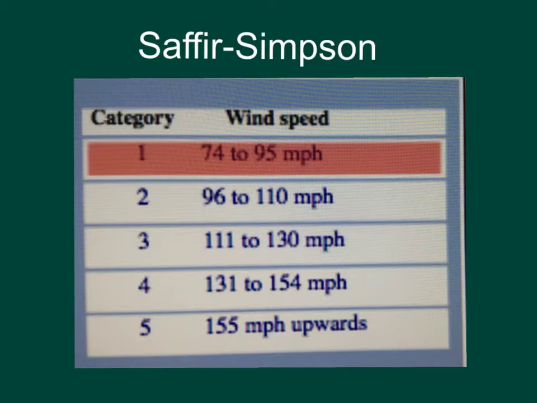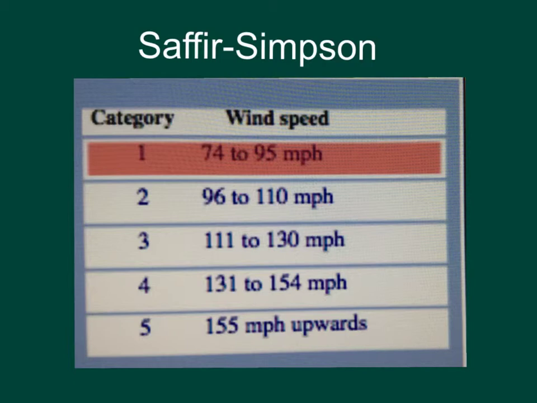Category 2 is 96 to 110 miles per hour. This would do a bit more serious damage than 1, but nowhere near as much as 5. Category 3 is 111 to 130 miles per hour. This will cause damage, not very significantly, but enough to notice and make some costs to families who have been affected.